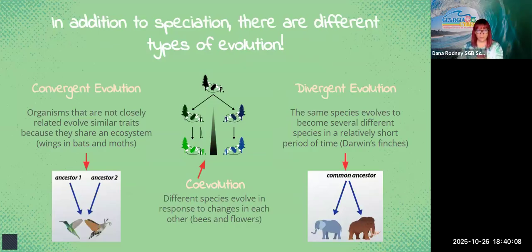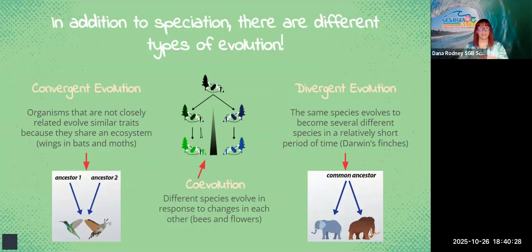In addition to speciation, there's different types of evolution as well. There's convergent evolution, divergent evolution, and there's coevolution. Convergent evolution is where organisms are not closely related to one another, but because they live in the same ecosystem, they evolve similar traits. An example here would be wings in bats and moths.